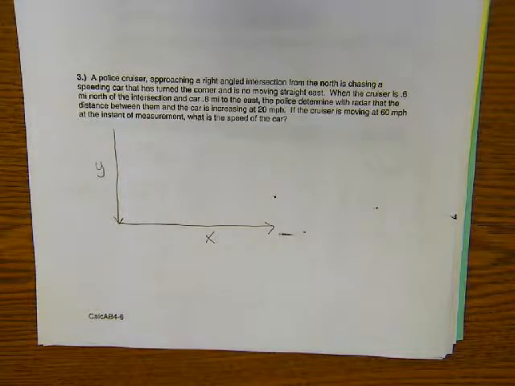But since the speeding car is moving away, wait, no, I think I said that backwards. I think if they're both going away it would be positive and towards would be negative. Well, let's get to that.